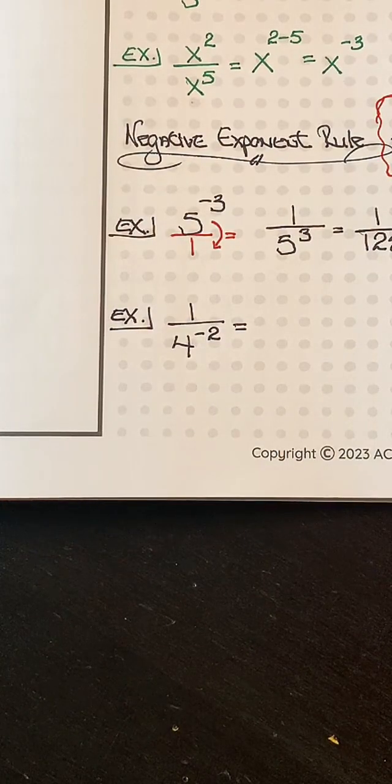Careful. Alicia saying 16. Marvelly saying 1/16. So we got Chris saying 16.